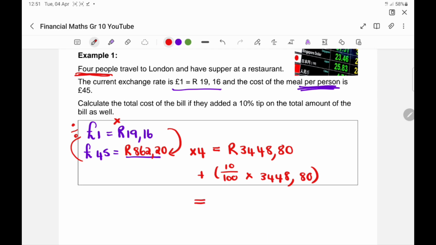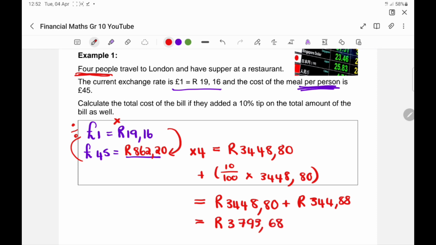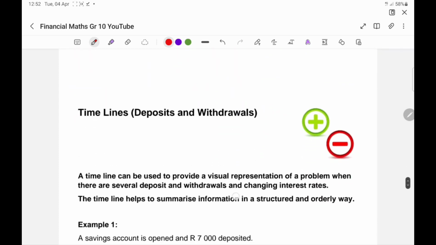So you work out what 10% is, which is 10 divided by 100, which is 0.1. What is 0.1 of 3,448.80? The tip will be 344 Rand 88 cents, which gives you a total of 3793.68. Cool. Exchange rates, very easy.